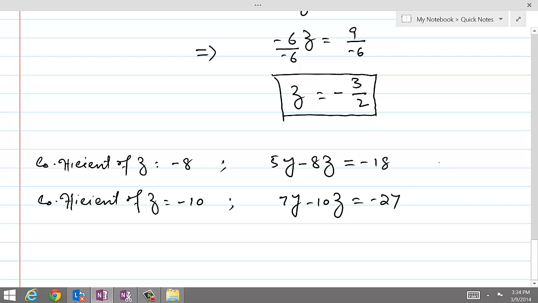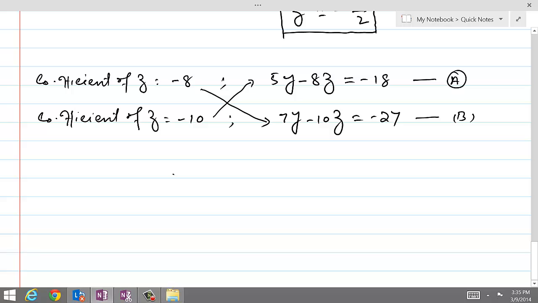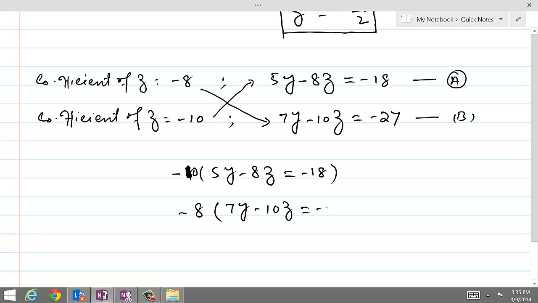and we'll do the same thing again. We'll multiply coefficient of z in equation 2 with equation A, and coefficient of z in equation 1 will be multiplied with equation B. So this cross multiplication and this cross multiplication will give us minus 10 times 5y minus 8z equal to minus 18, and minus 8 times 7y minus 10z equal to minus 27.